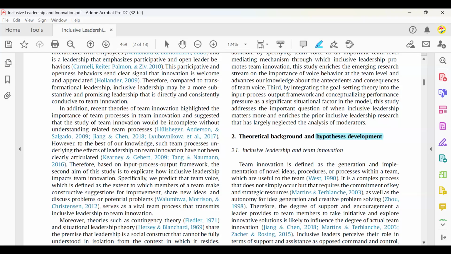So in that spirit, this paper starts with inclusive leadership and team innovation. What are the 2 constructs being studied here? The first construct is inclusive leadership. The second construct is team innovation.